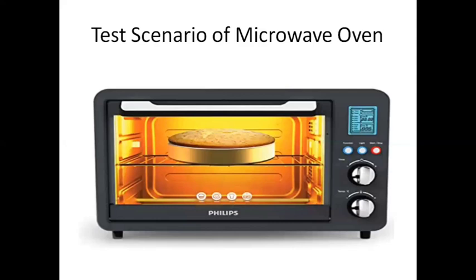Suppose we select one process, like baking a cake, and we have just started the cooking, and the time is 30 minutes. After 30 minutes, is the microwave off or still on? We will check it. This is also one type of scenario.